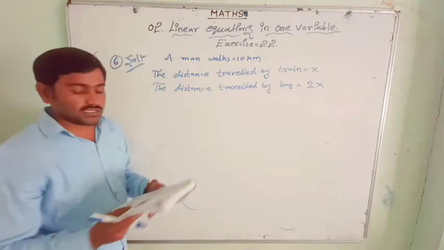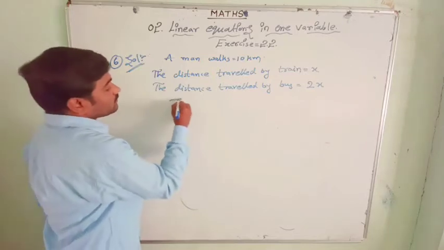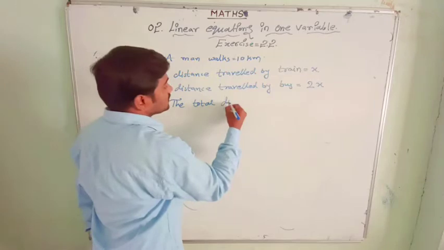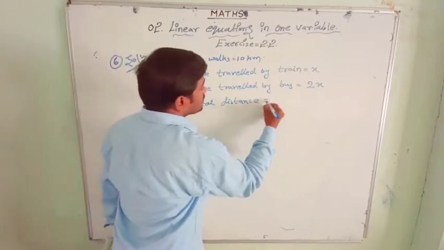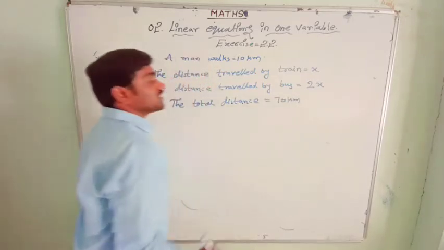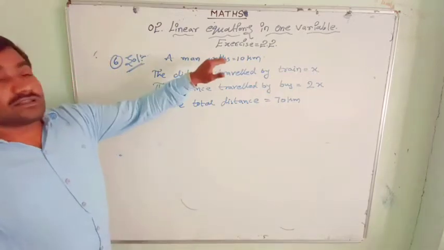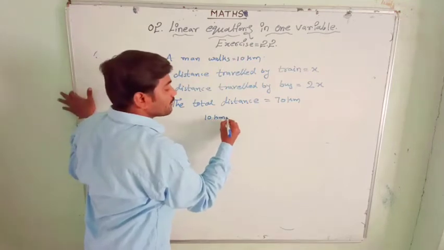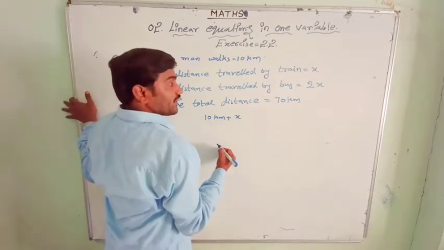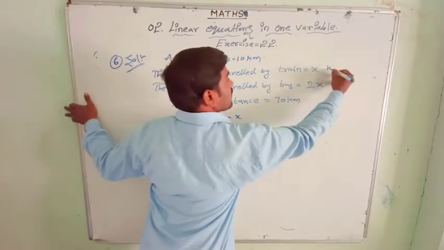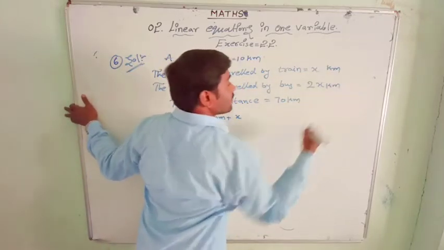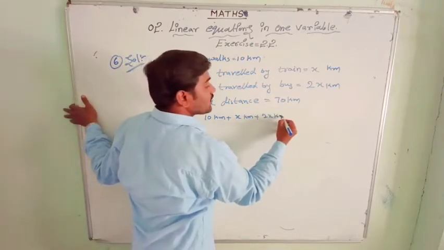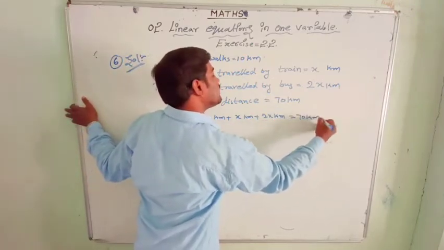So the total distance, the whole journey, is equal to 70 kilometers. That means the man walked 10 kilometers plus traveled by train x kilometers and traveled by bus 2x kilometers, that equals 70 kilometers.